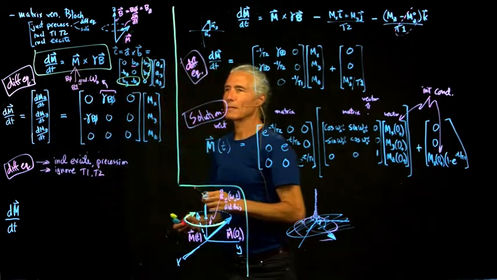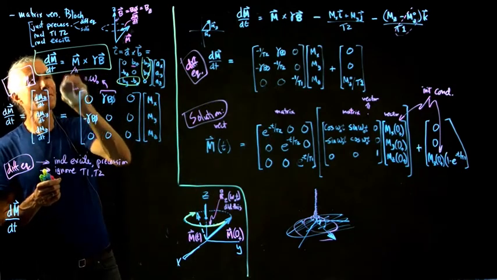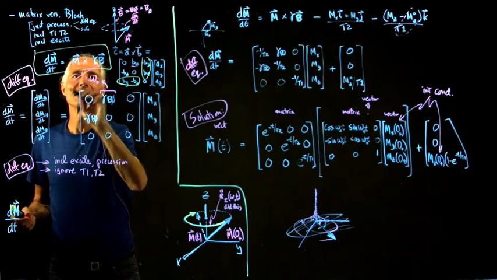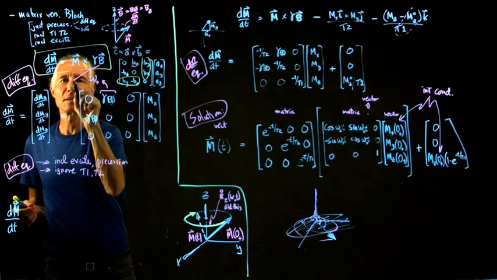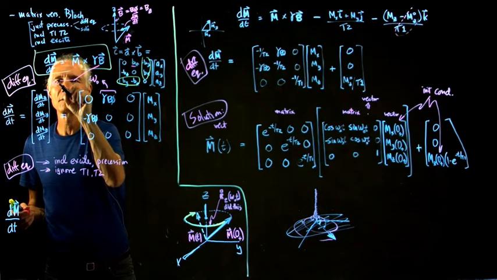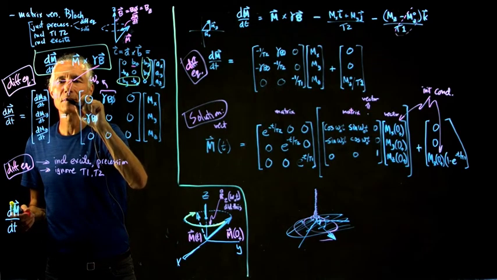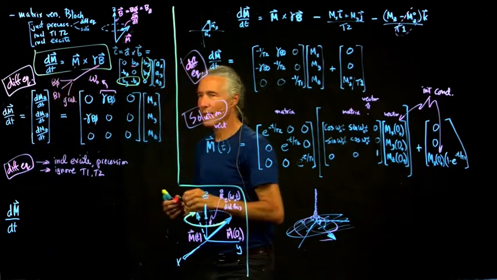So this B includes B0, but also B1 if we've got it turned on, and the gradients if we've got those turned on, because those add to the B0.